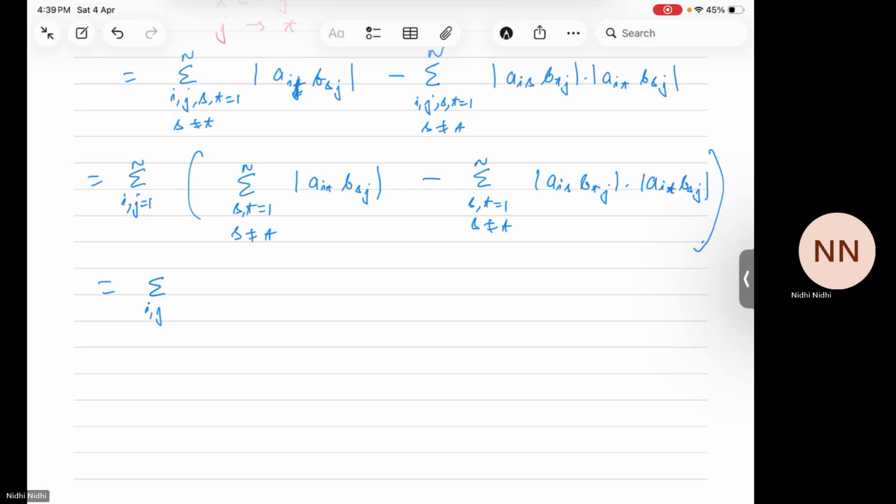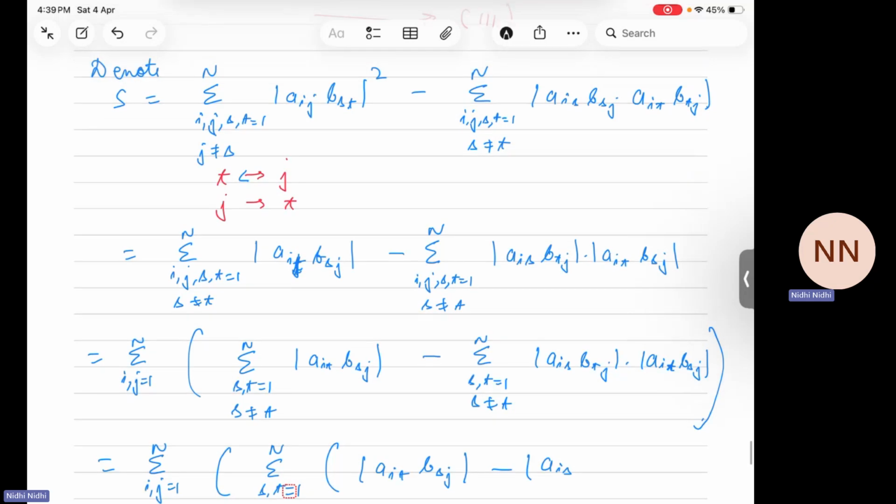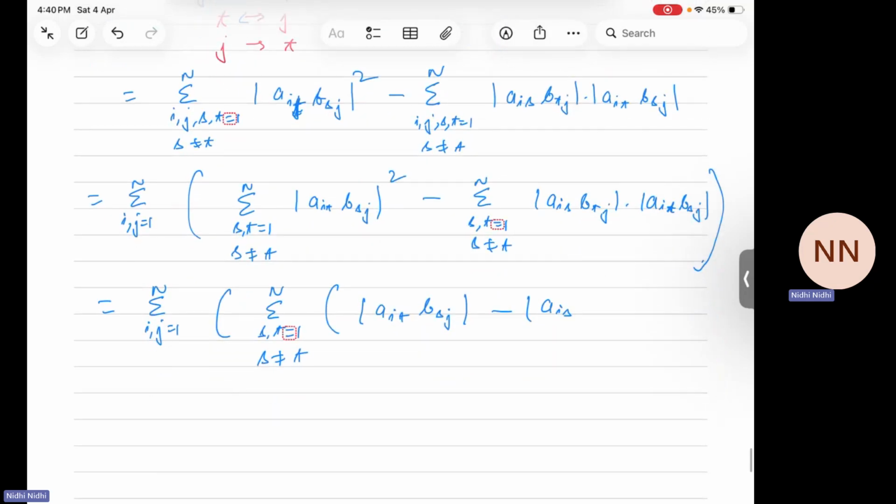So this is equal to summation ij 1 to n. Inside we have summation st 1 to n with s not equal to t, and this is equal to mod ait bsj minus mod ais btj, yeah, we had square now, whole square. You can just expand it and get exactly the same thing.